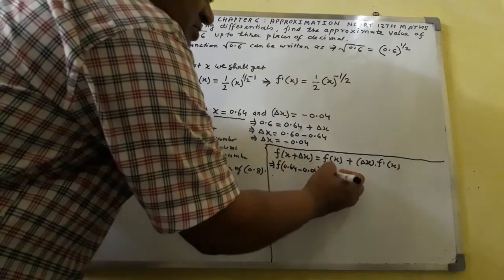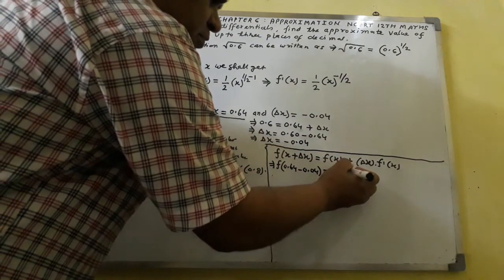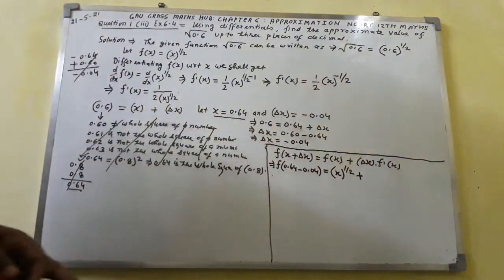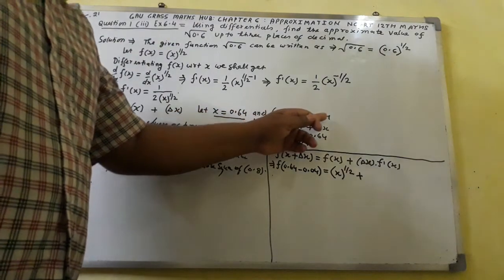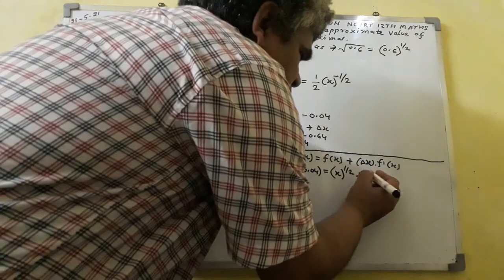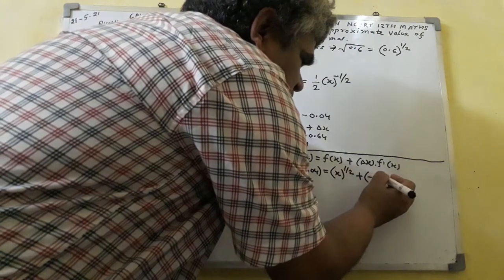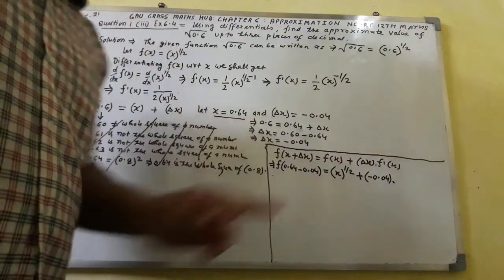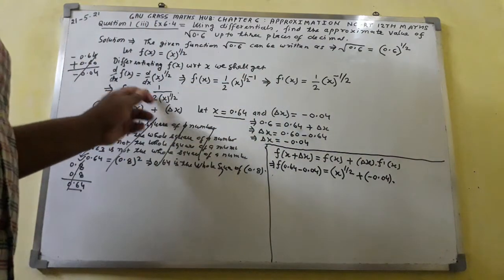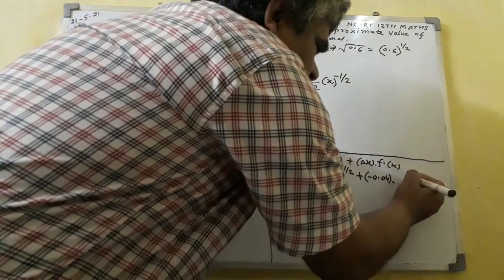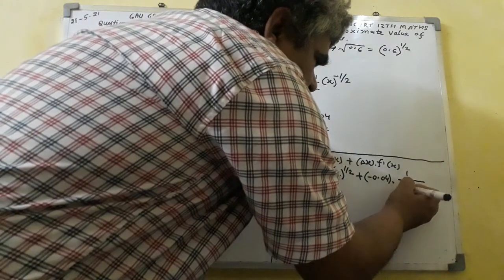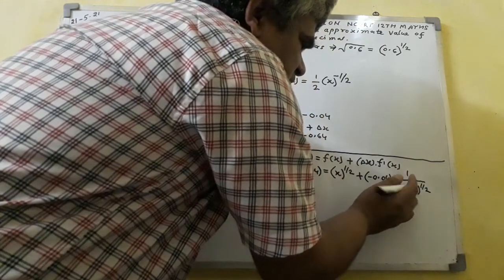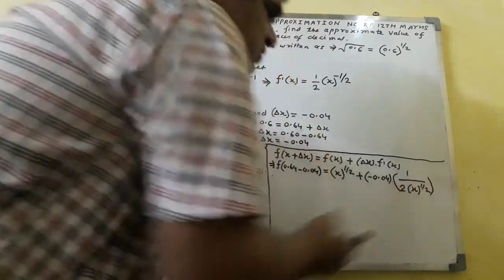So here I shall write x raised to the power 1 over 2, plus in place of delta x I shall write minus 0.04 dot the value of f dash of x, which I shall take from this place. So here write 1 over 2 x raised to the power 1 over 2. This can be written in bracket.